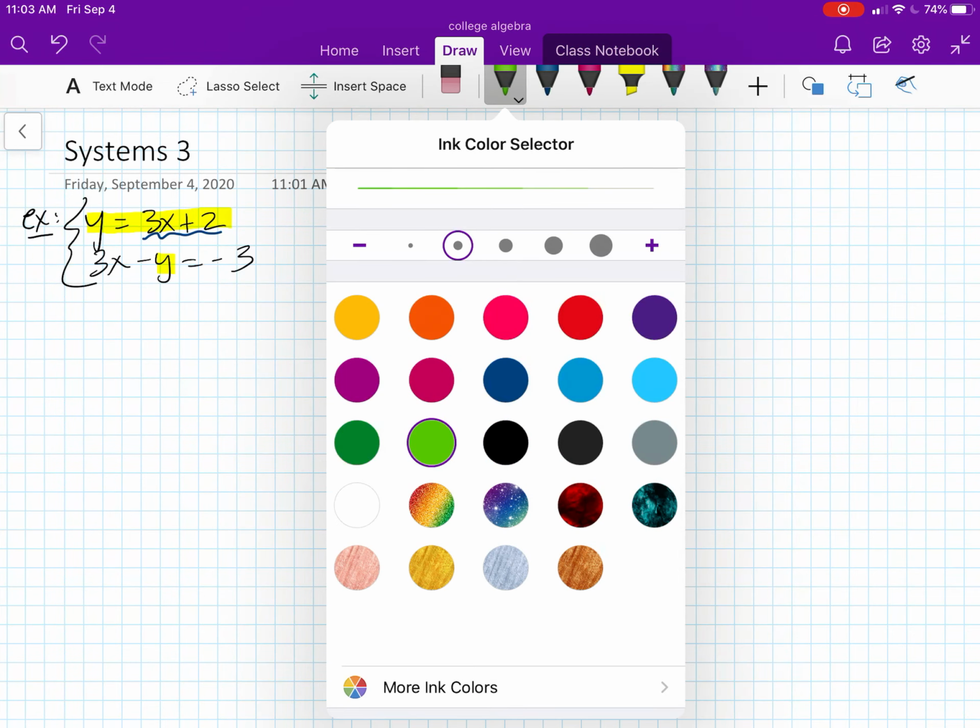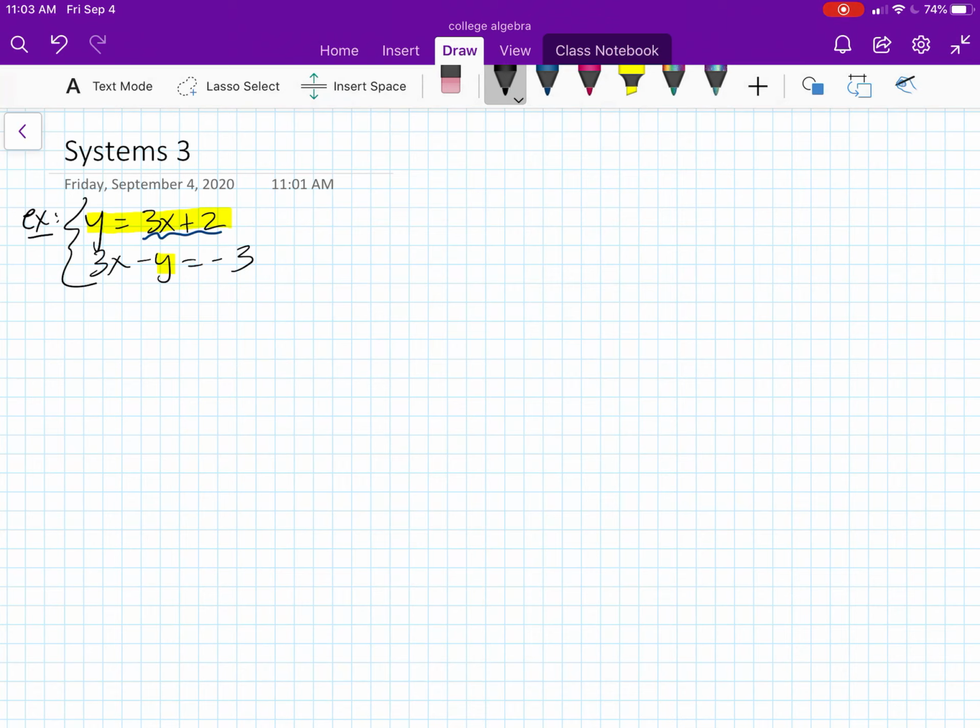Okay. Stick with black actually. Let's go in and graph these really quick. The first thing I'd want to see is that I prefer graphing when it's in the form y equals mx plus b, like the first one is here, equation 1.